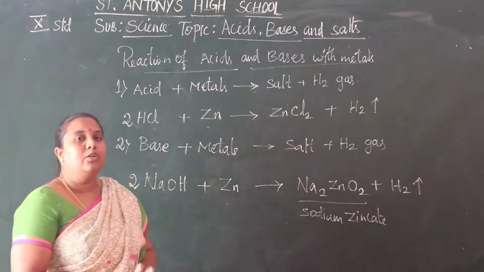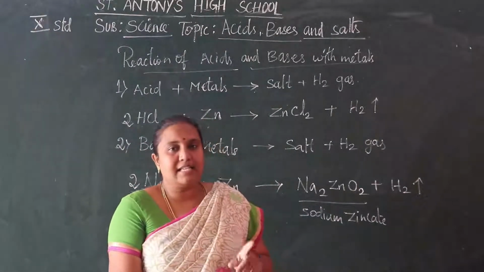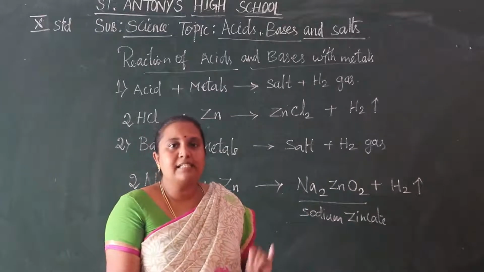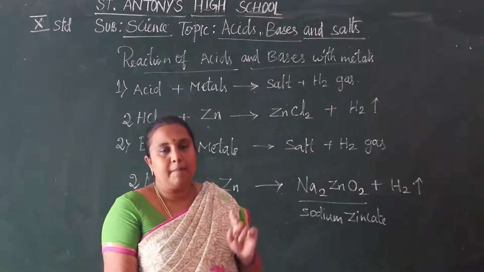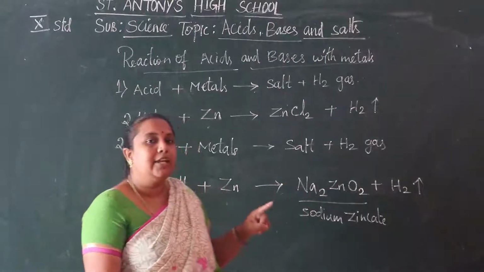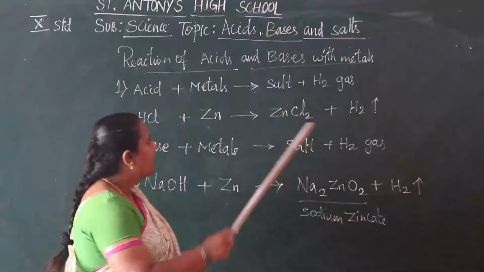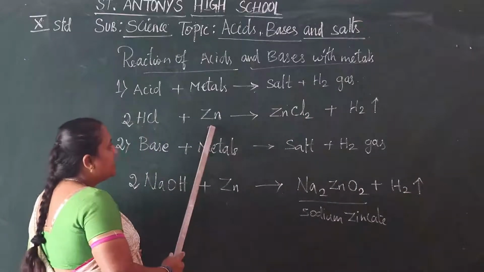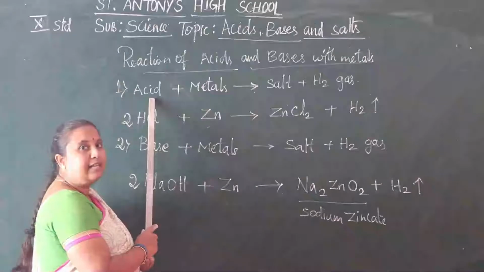See here, keep it in your mind. The first reaction is that of acids and bases with metals. Acids react with metals and give salt plus hydrogen gas. So hydrochloric acid plus zinc: zinc is a metal, hydrochloric acid is an acid.